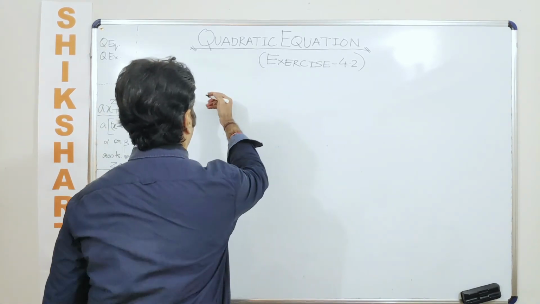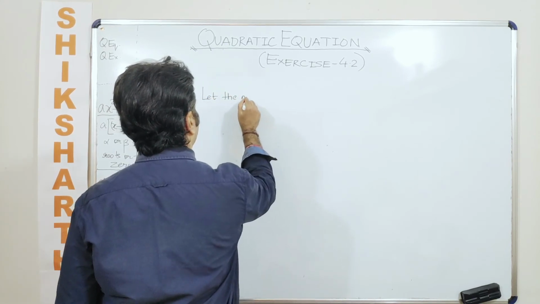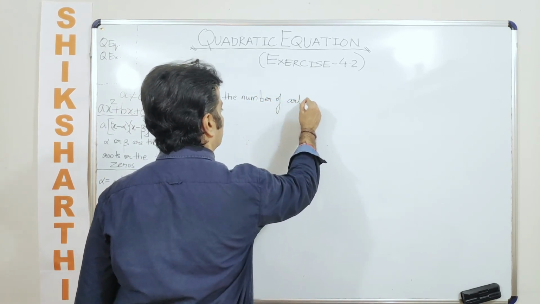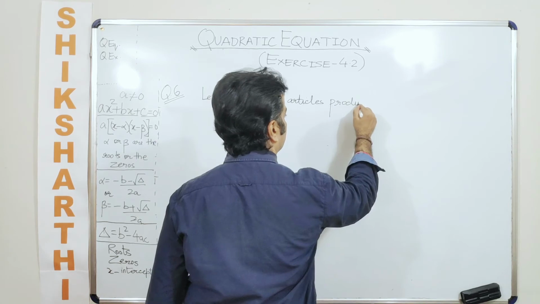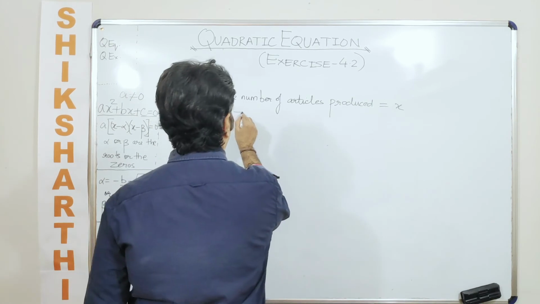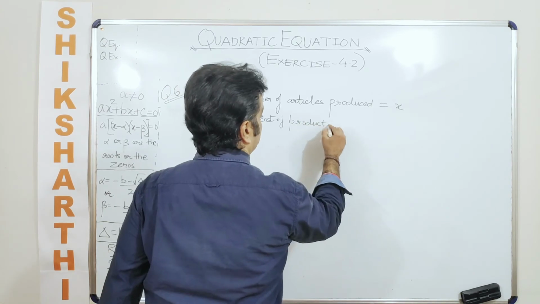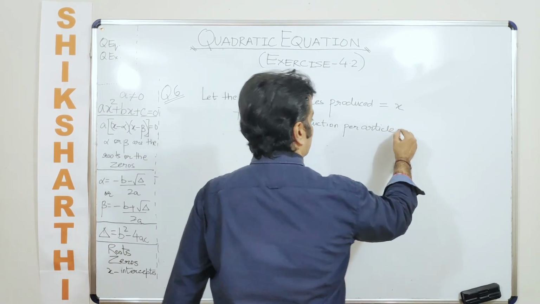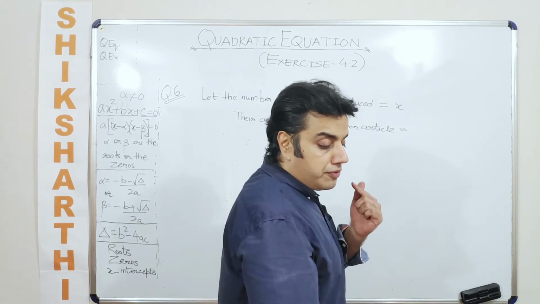Okay, so before I go ahead, let the number of articles produced on that day be equal to X. In that case, their cost of production per article is given to you, it says on that day the cost of production of each article.